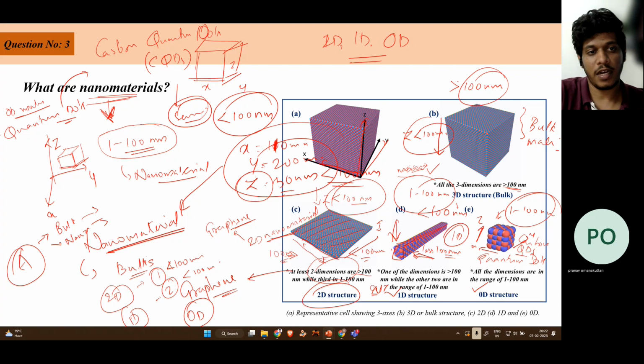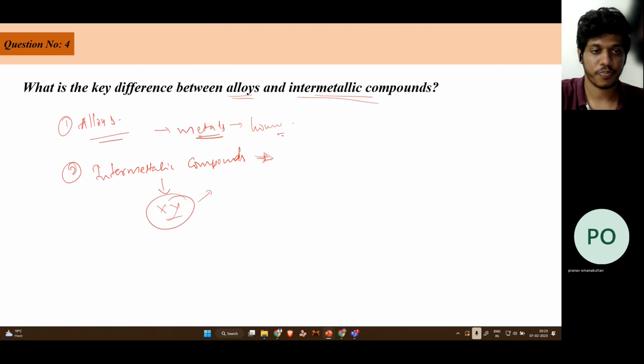Generally, carbon won't show many of its properties in its bulk form, whereas it shows those properties very much when it becomes carbon quantum dots. So people make carbon quantum dots for many tailored applications, from sensors to electronic devices, etc.